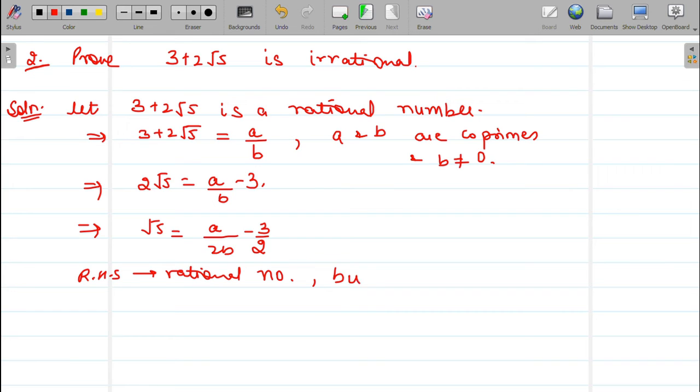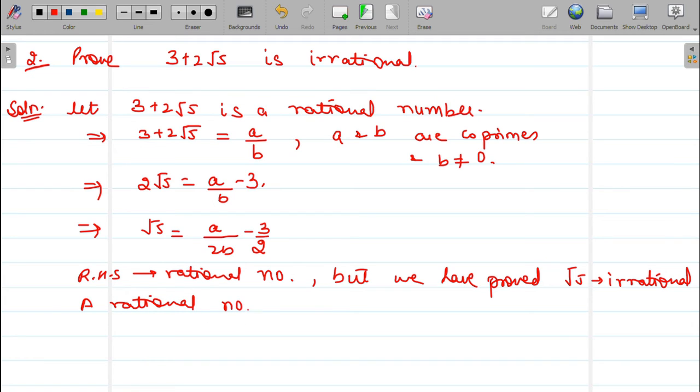But we have just proved that root 5 is irrational. So a rational number cannot be equal to an irrational number.